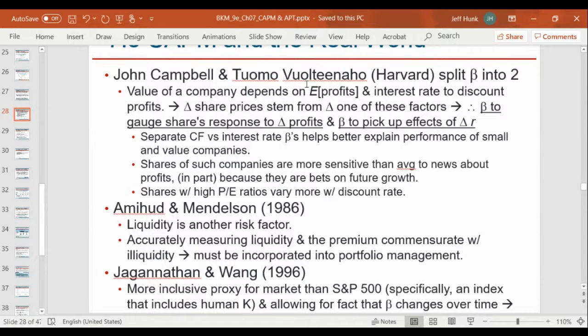John Campbell and Tuomo Vuolteenaho, now I gave up on pronouncing his name, split beta into two versions, two types of beta.